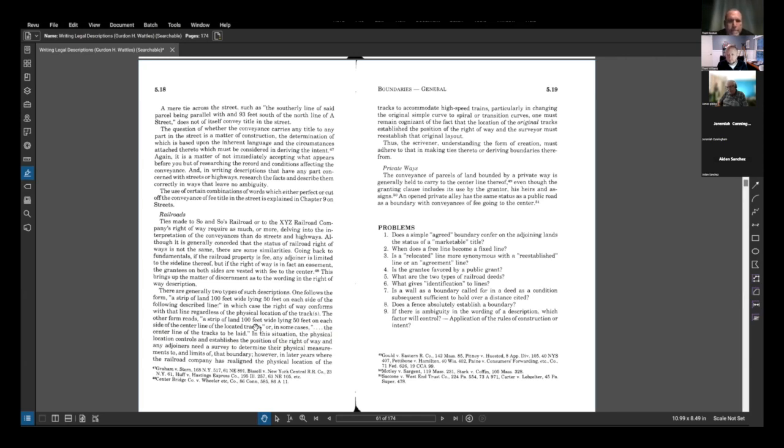The intent is the superior of all information. If you can identify that intent from the rules of construction or from any other information on the deed, it might just be the fact that it's a warranty deed rather than a quitclaim deed that might control the intent.